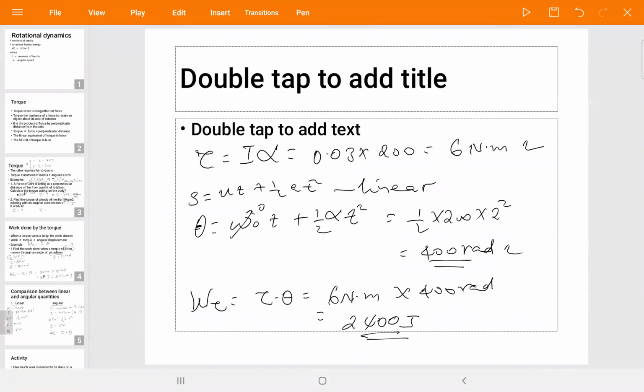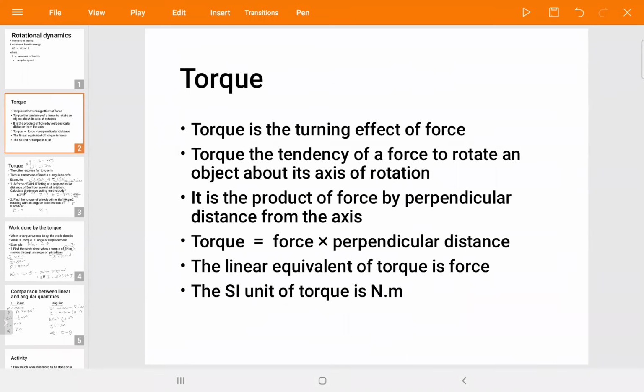Today we have discussed two points. The first one is torque, and the second one is work done by torque. Torque is one of the quantities in physics, which is the turning effect of a force. Force sometimes brings a translational motion, or it can bring a rotational motion. If the result of the force is rotating, then it is said to be a torque.